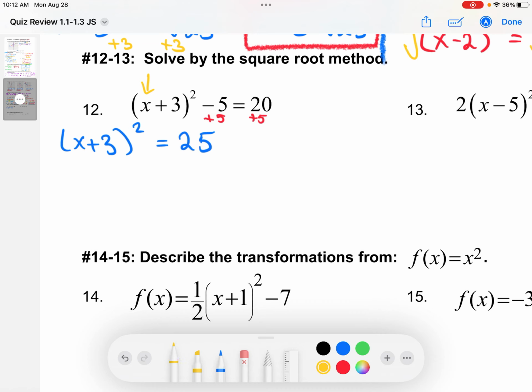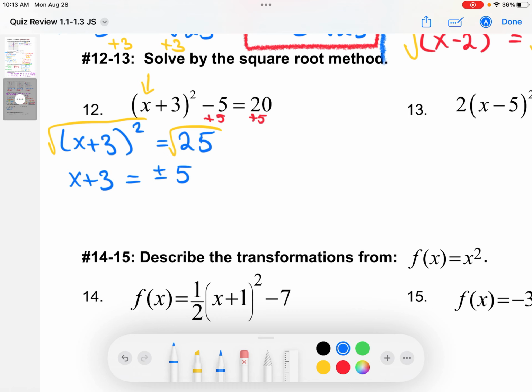Now we have everything on this left side in a square. So here's where we want to take the square root. That square root undoes the square. X plus 3 is equal to plus or minus the square root of 25, which is 5.